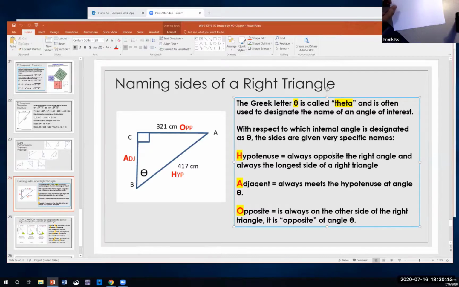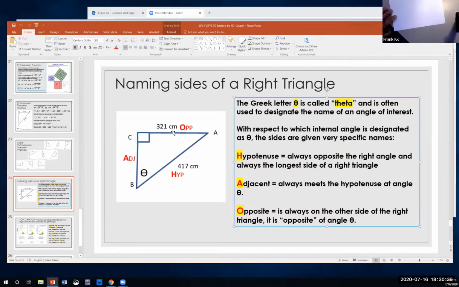Adjacent. What's left over is called opposite. And opposite is always on the other side of the right triangle. In other words, it is opposite the angle of theta. So if this is theta, then this side, way over on the other side of the triangle, is opposite theta. This side is named opposite.